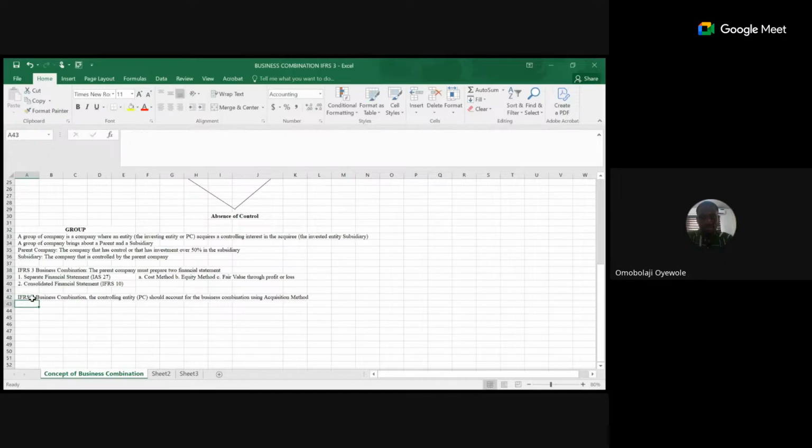So according to IFRS 3, how do we account for a business combination?